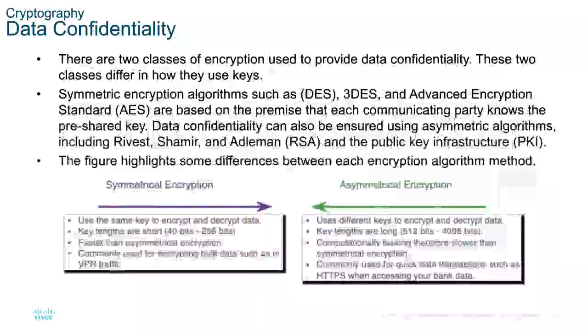So with confidentiality and encryption, there are two methods. One is symmetrical and the other one's asymmetrical. What's the difference? Well, symmetrical, as you saw in the video, uses the same key both to encrypt and decrypt the data. Asymmetrical uses different keys. These are known as private and public keys. Now, the idea behind asymmetrical is you have a private key that only you know.